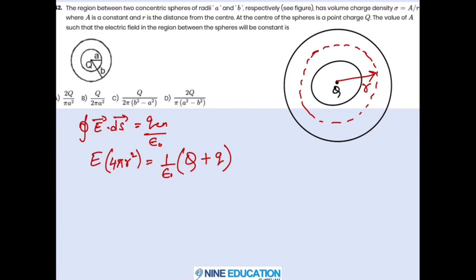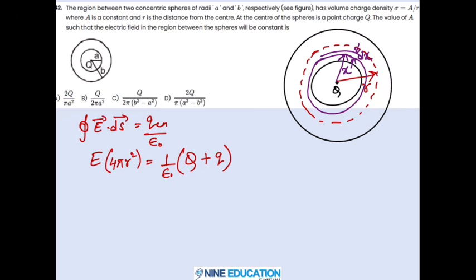Now let us find out the value of small q. For that, what I do, take a thin shell inside the Gaussian surface of thickness dx. So thin shell radius is x and this thickness is dx for the thin shell.